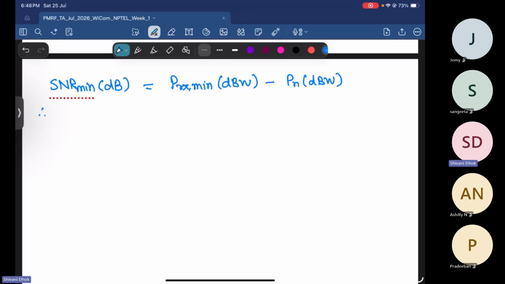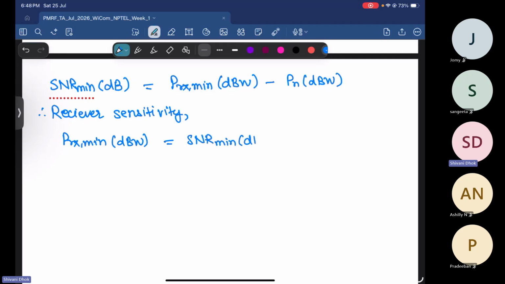So your receiver sensitivity, PRX min, is given by PRX min in dBW, which is SNR min in dB plus your PN in dBW.